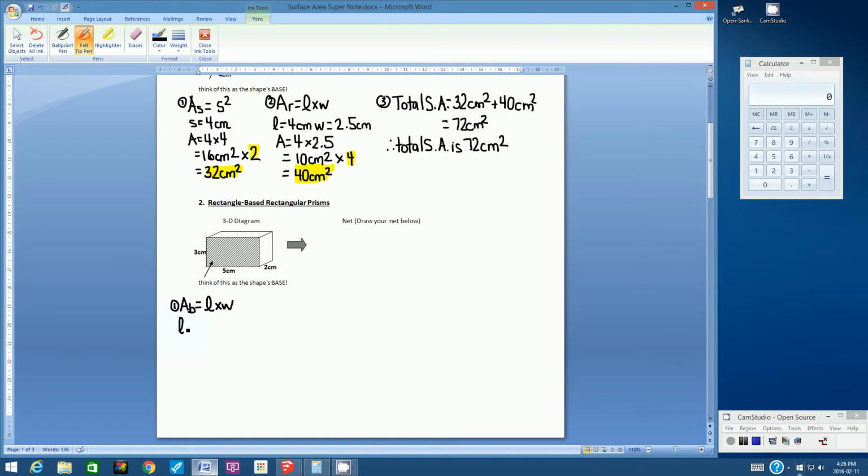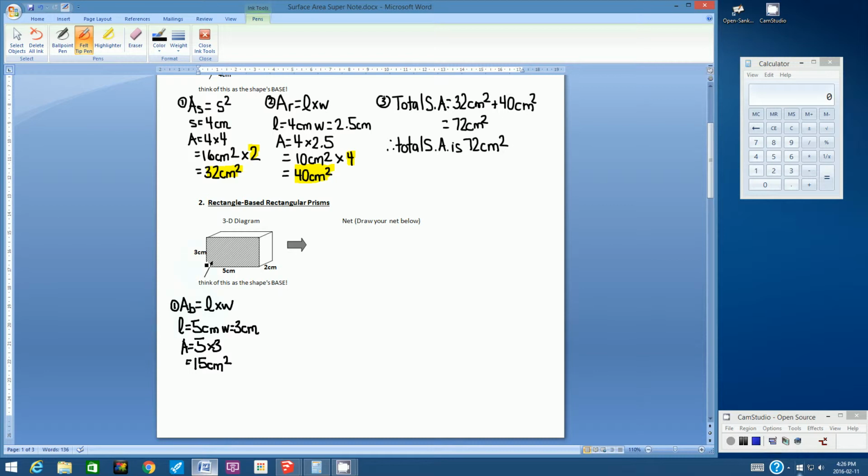So let's write that down on our information line. Length of 5 centimeters, width of 3 centimeters. If we plug that back into our formula, we get area equals 5 times 3 equals 15 centimeters squared. It's nice when we have numbers that we can use mental math with.